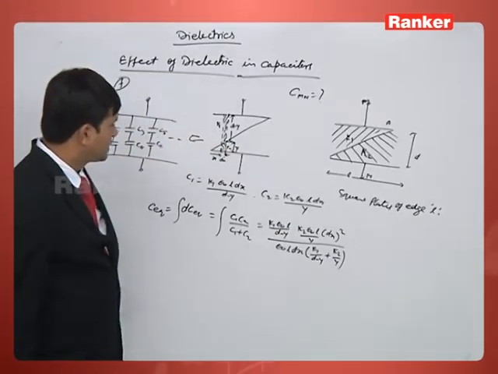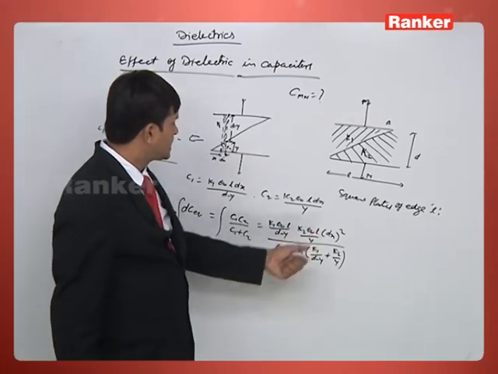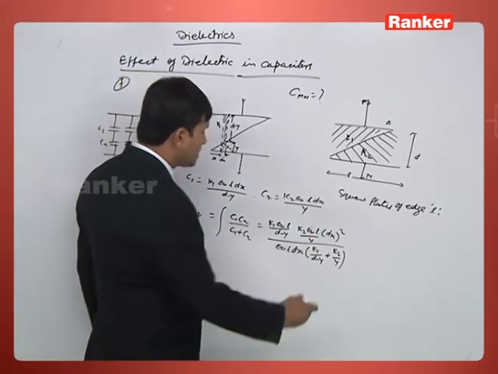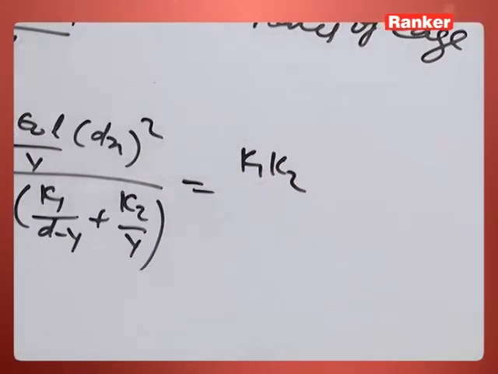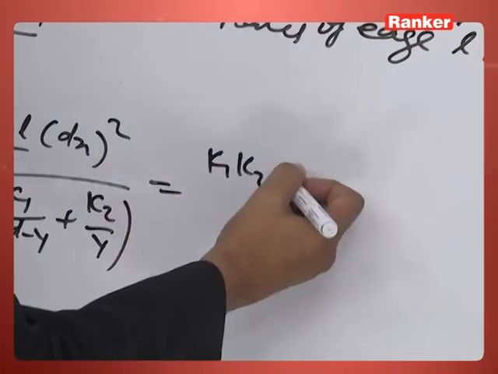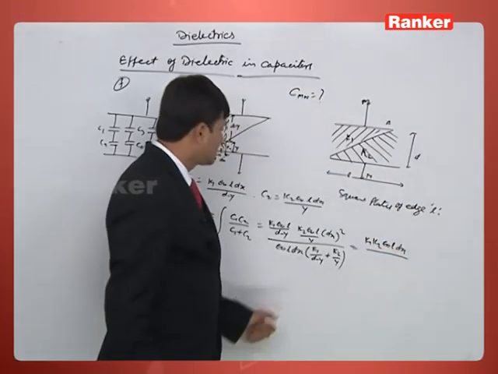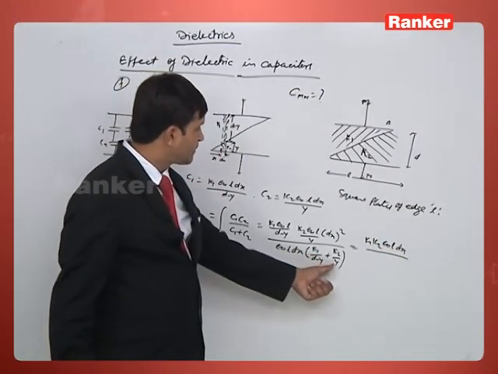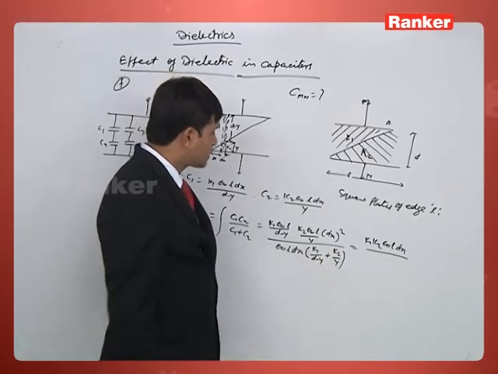And now check it. Epsilon naught L dx, epsilon naught L dx we can cancel. So what is left here? K1 K2 epsilon naught L dx by K1 y plus dK2 minus K2 y.